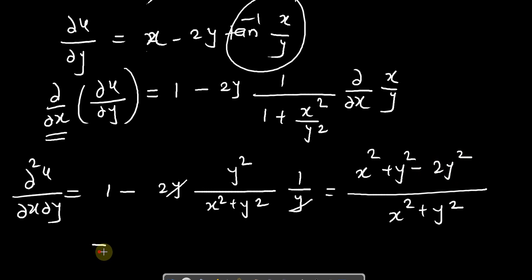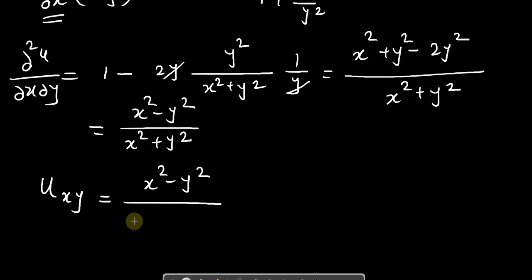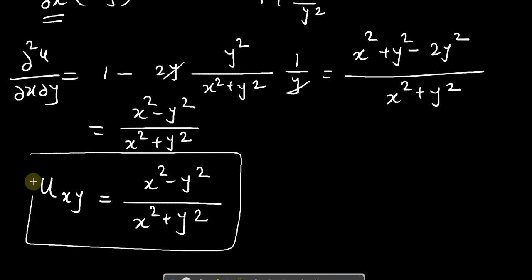So we get this value as x square minus y square by x square plus y square, which is the required answer. Dou square u by dou x dou y is nothing but u_xy. So keep the order here. First u and then with respect to x.